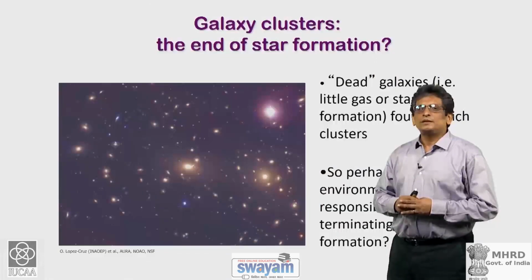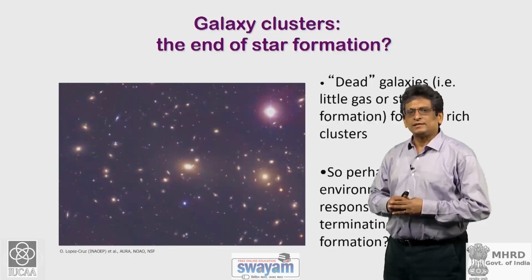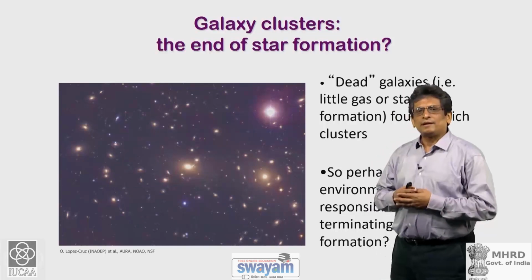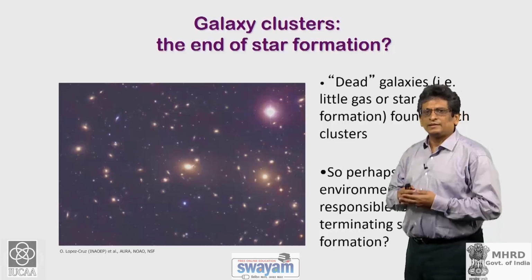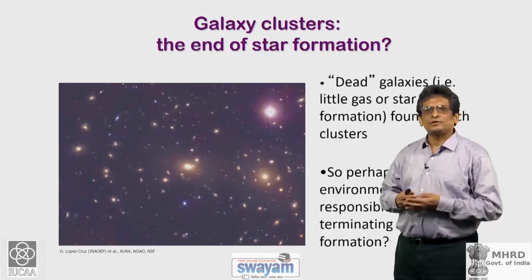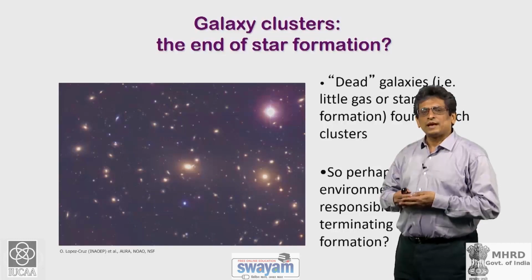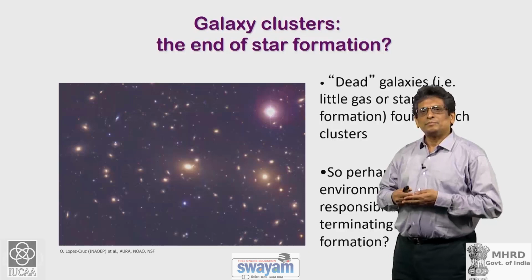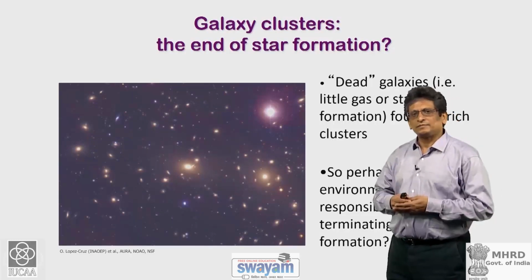In clusters, we find an abundance of early type galaxies, galaxies that are spherical or elliptical, and they're red and they have very little star formation. These dead galaxies also have very little gas or dust, and clearly a transformational process has happened as the galaxies have been assimilated into these clusters and also undergone this transformation.